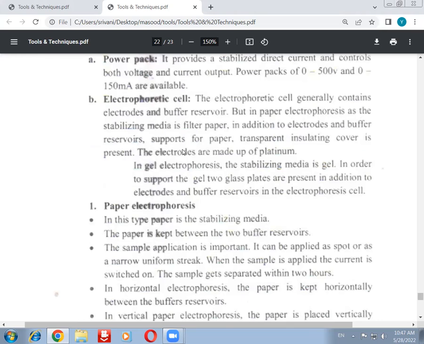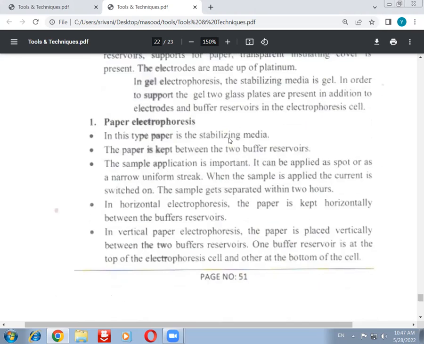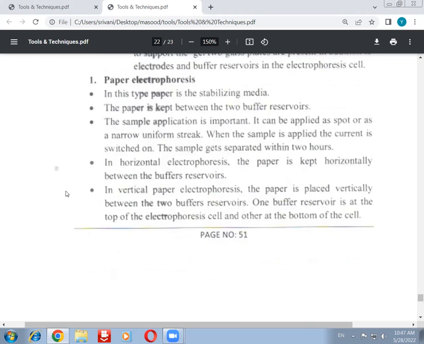Due to the filter paper, we can separate different types of anions and cations. In paper electrophoresis, the stabilizing media is there, and next, between two buffer reservoirs. Sample application is important, or otherwise narrow uniform streaks are not obtained.